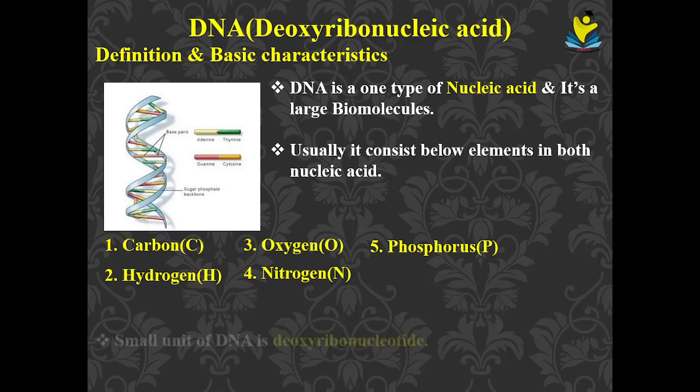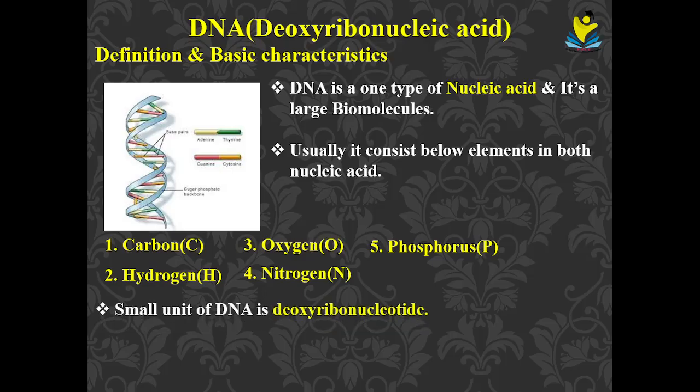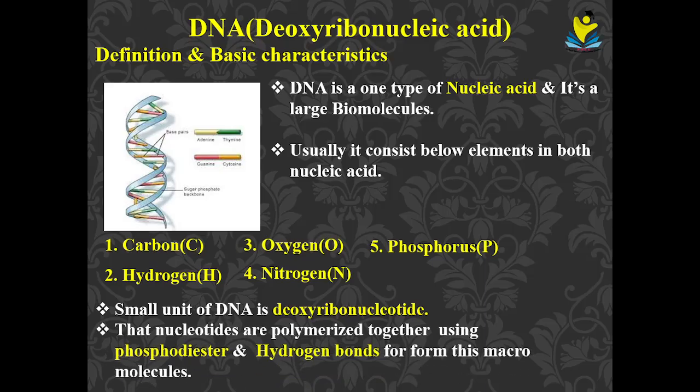The small unit of DNA is the deoxyribonucleotide, and these nucleotides are polymerized together using phosphodiester and hydrogen bonds to form these macromolecules. Okay, let's go to our next slide.